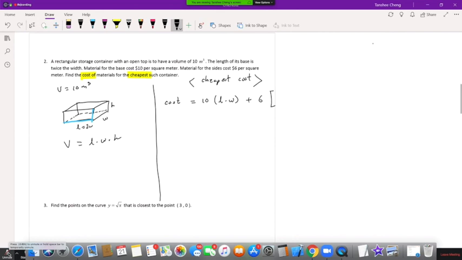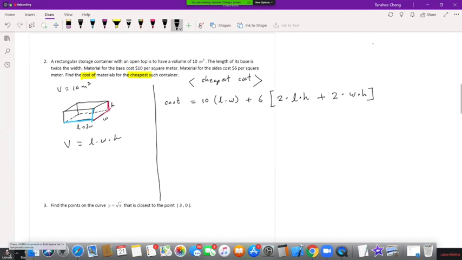The area of the front and back is the same, using the length and the height. So it will be 2 times length times height, which will cost $6. And then plus the area of 2 sides, which uses the width and the height. On the left and right there will be 2, so it will be 2 times width times height. So now I've got the cost function already, right?